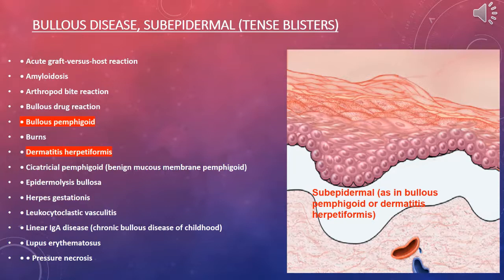They are all subepidermal. As you can see in the image, the keratinocytes are above and there is a clefting, a cavity, located below the epidermal surface. So it's a subepidermal region, and that's why they are called subepidermal bullous lesions.